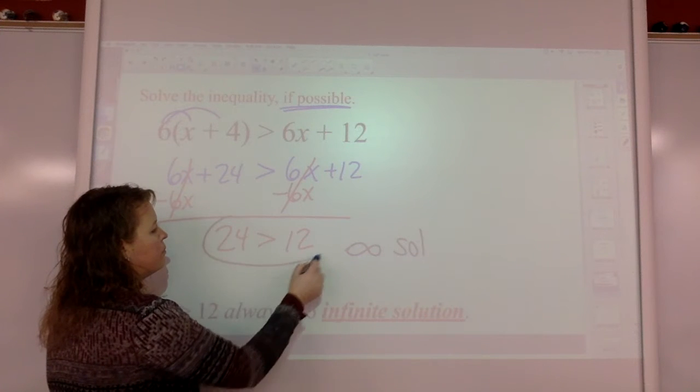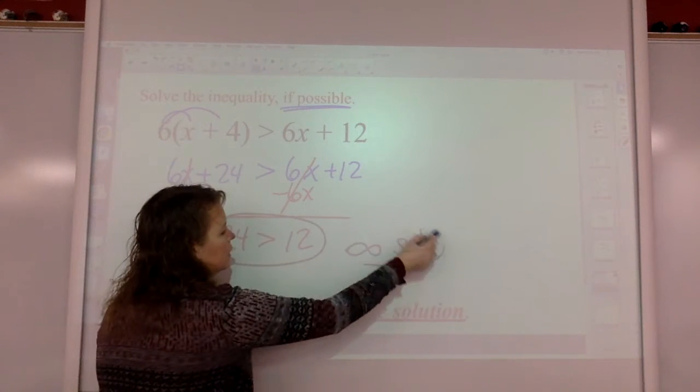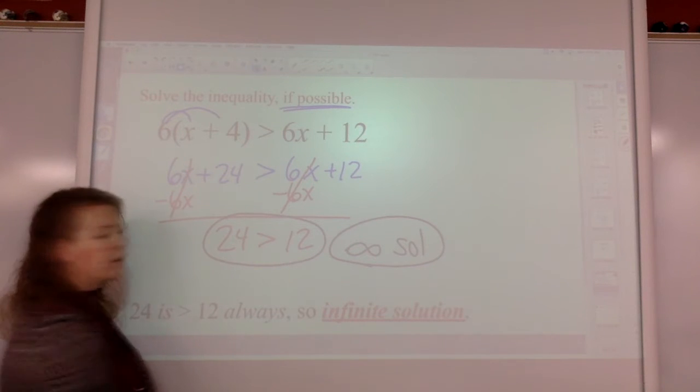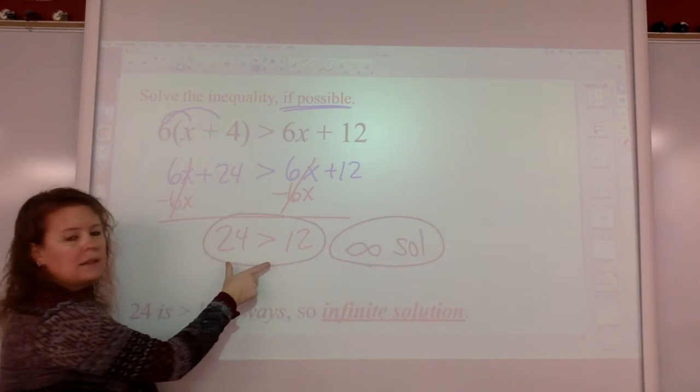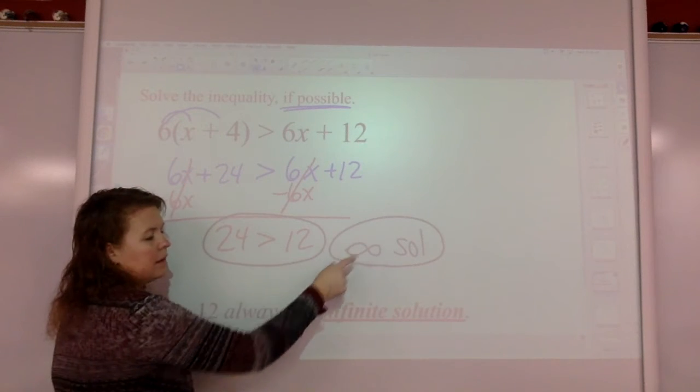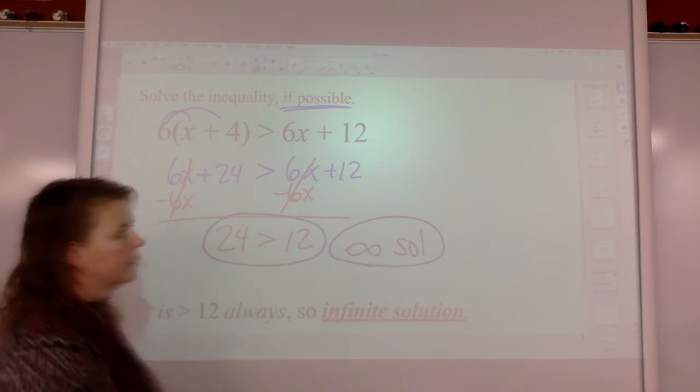You have to have both answers to get it correct on a quiz or a daily quiz. You can't just say infinite solution, and you can't stop at 24 is greater than 12. This is an answer, this is an answer. Both have to be recorded.